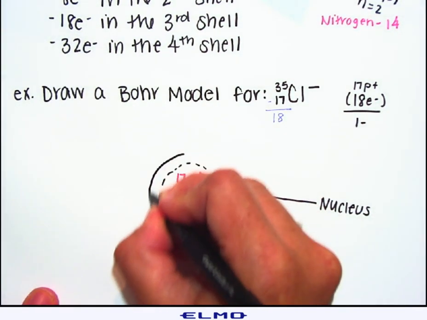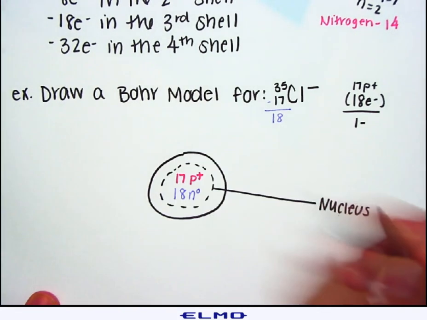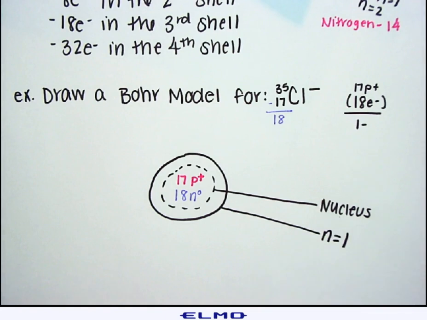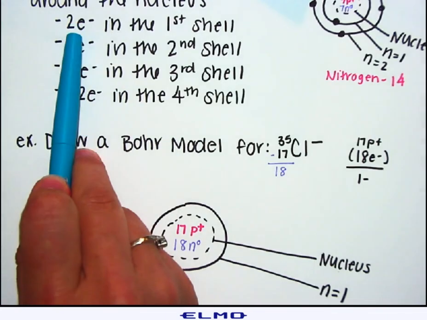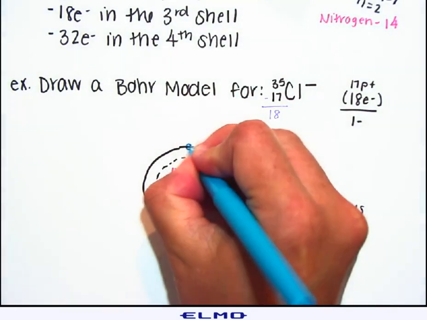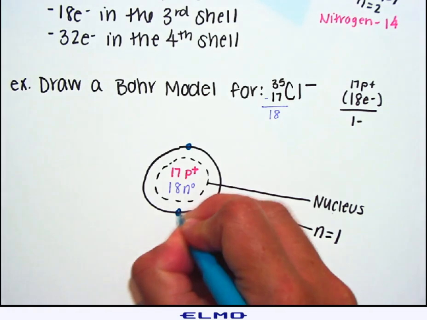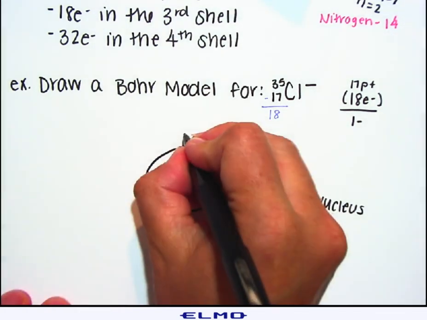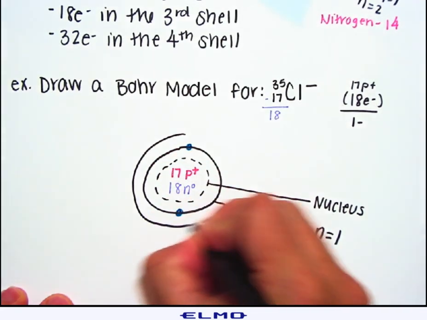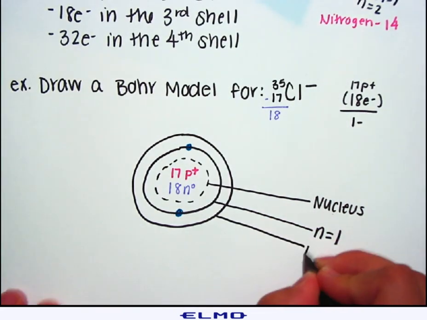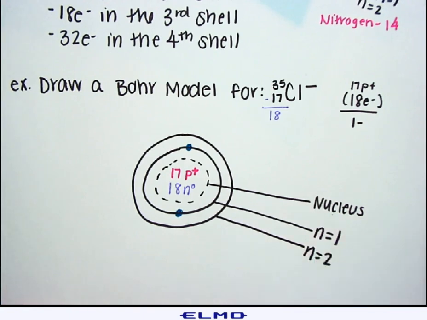So I'm going to use a solid line to represent my first energy level. And we said we can only put 2 electrons in that first energy level. 1, 2. So we're going to add a second energy level. We use N to represent the energy level, so N equals 2.